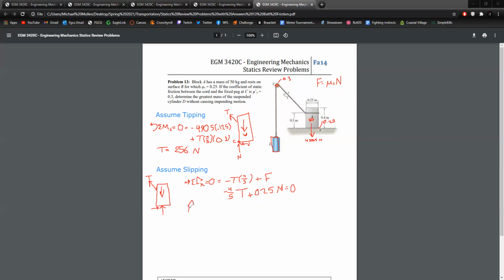And if we do the sum of the forces in the Y direction, equal to 0, we're going to have plus 3/5 T minus 490 and plus N. So we can rewrite this as 3/5 T plus N is equal to 490.